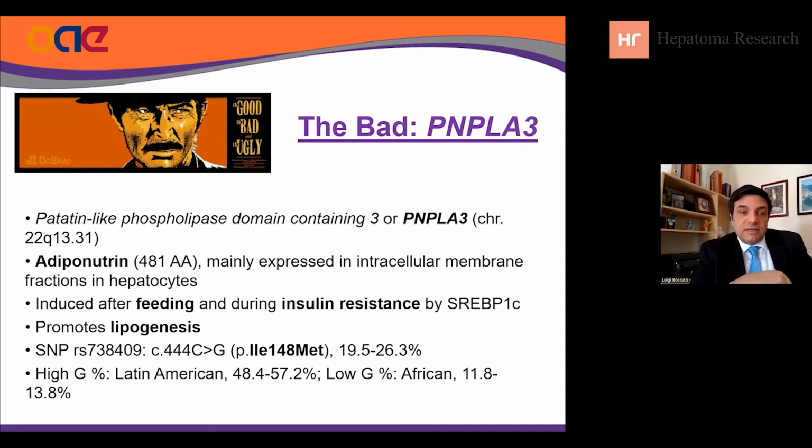This is a gene that encodes a patatin-like phospholipase domain containing 3 protein, also called adiponutrin, that is a very important intracellular membrane protein that is triggered after feeding and during insulin resistance and promotes lipogenesis.